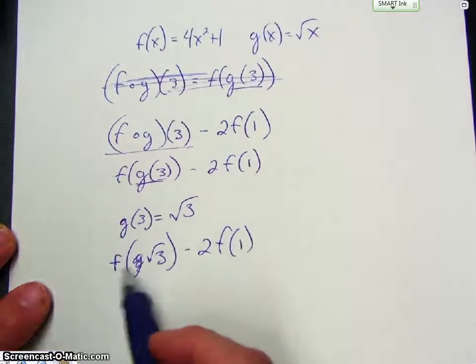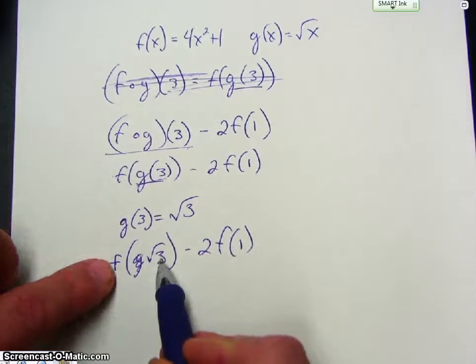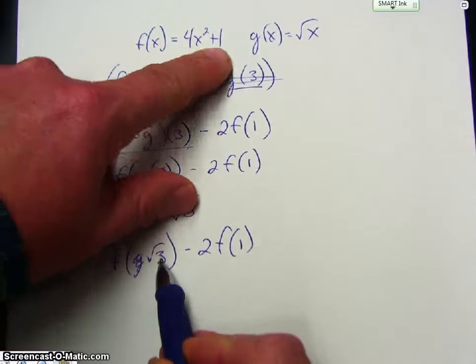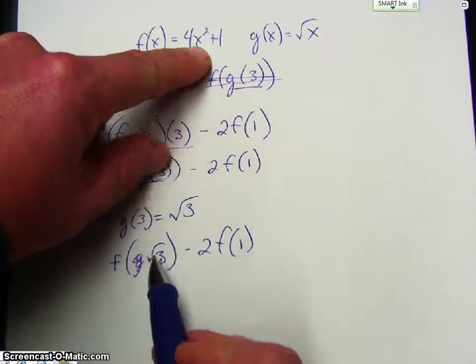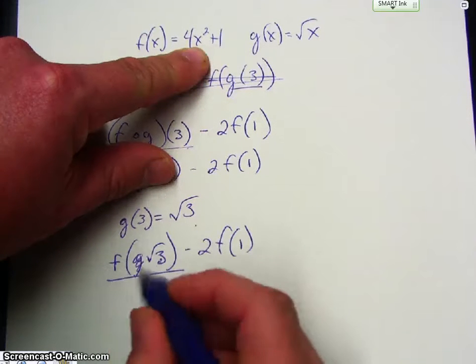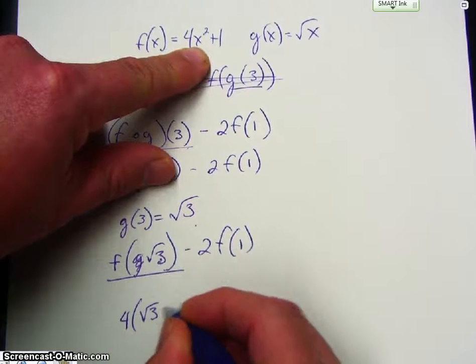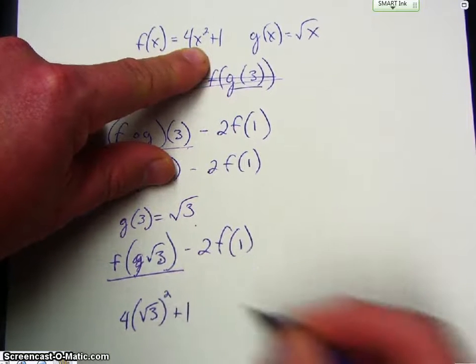I'm going to put the square root of 3 into the function f. So f is 4x squared plus 1, and I'm replacing x with the square root of 3. So this portion becomes 4 times the square root of 3 squared plus 1.